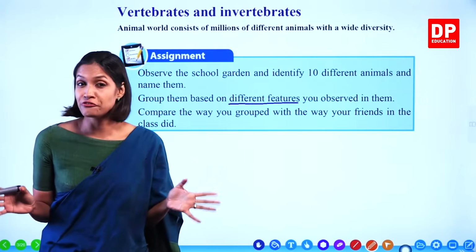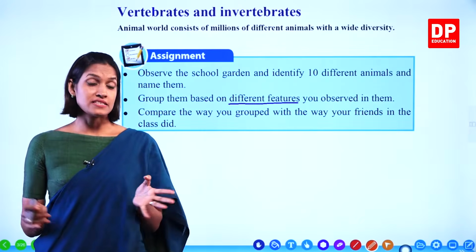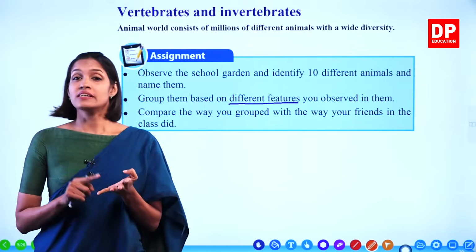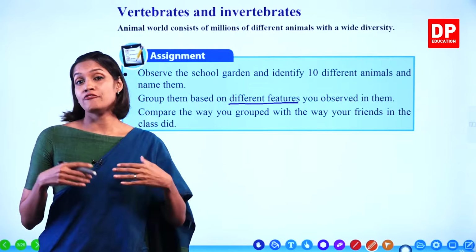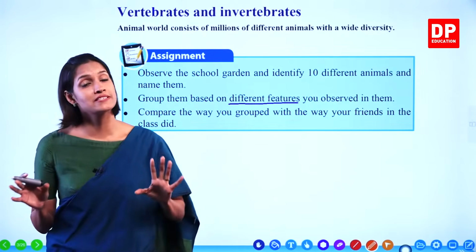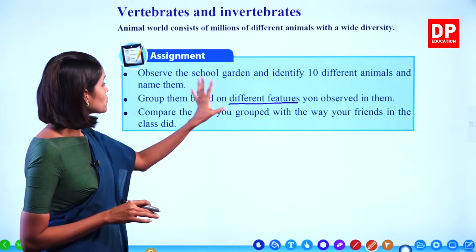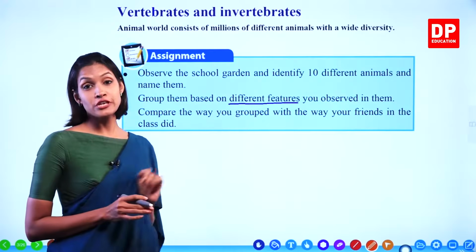So when you look at different animals, there are so many differences. So what are the differences? Their body colors are different. Body shape is different, they have different appendages, some of the animals have wings, some of the animals have legs, likewise. Okay, so you have to group them using different features.